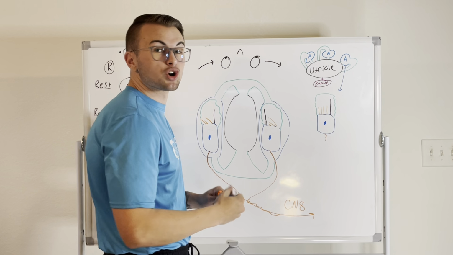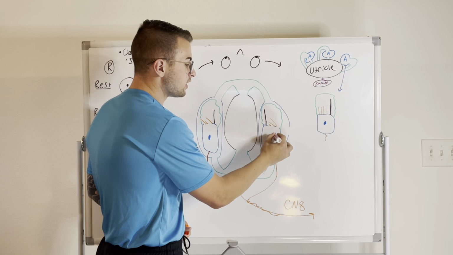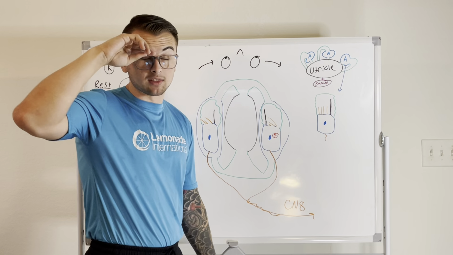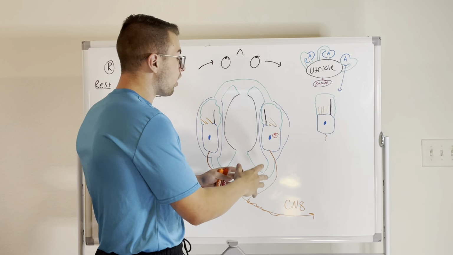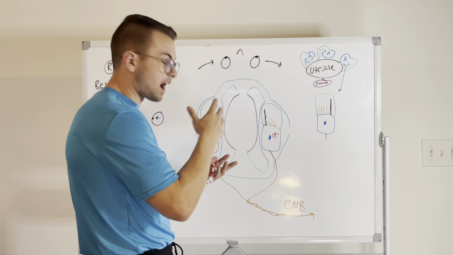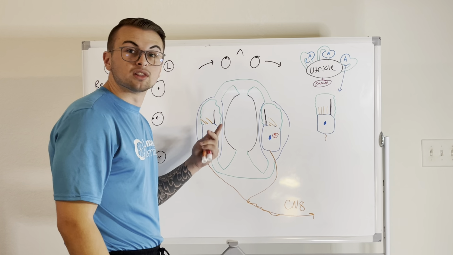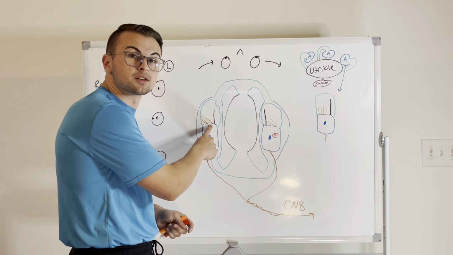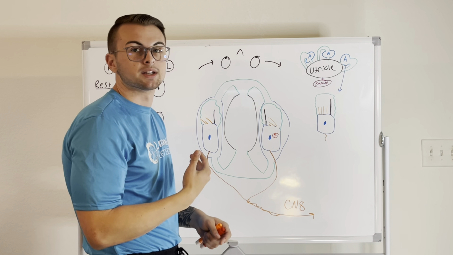So turning our head to the right initially depolarizes the right vestibular cells in the horizontal canal on the right side of our body. We also see an initial hyperpolarization of our left vestibular cells in the horizontal canal on the left side, because these stereocilia are moving away from our kinocilium.